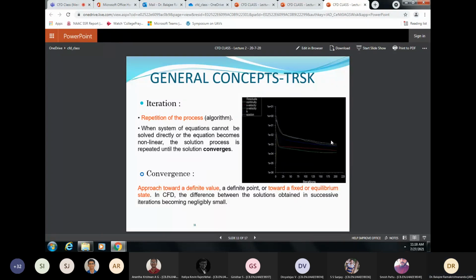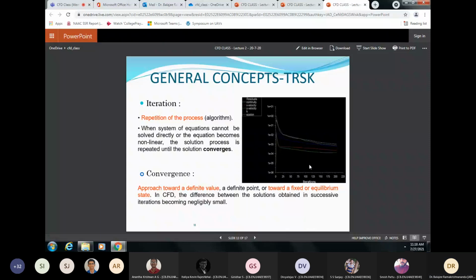This convergence history is very important to see whether the computation is going on properly or not. Suppose it doesn't converge. If I continue for 20,000 iterations, is it worth it? Will I get a better answer? Or is it going to blow up after some time?